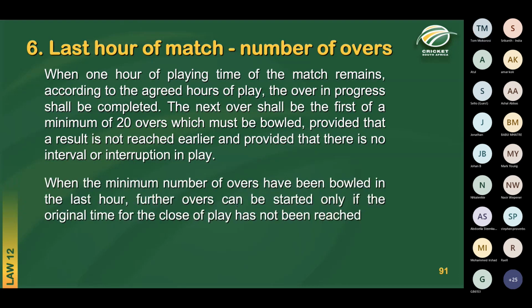When the minimum number of overs have been bowled in the last hour, further overs can be started only if the original time for the close of play has not been reached.